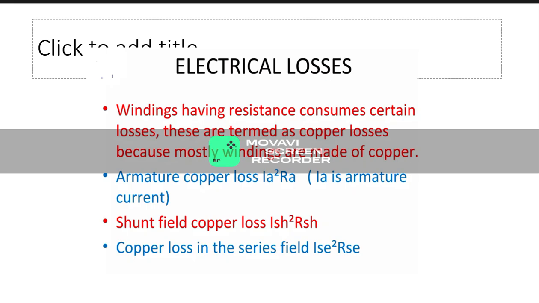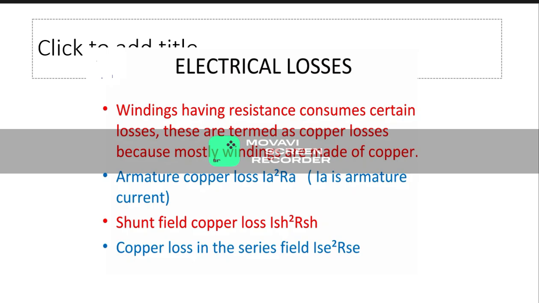The winding has resistance, which consumes certain losses. These are termed copper losses because the windings are usually made of copper, right? This copper has internal resistance, and that resistance accounts for most of the copper loss.